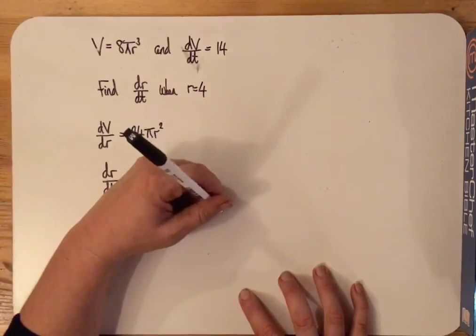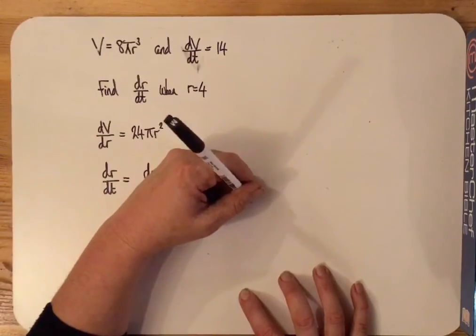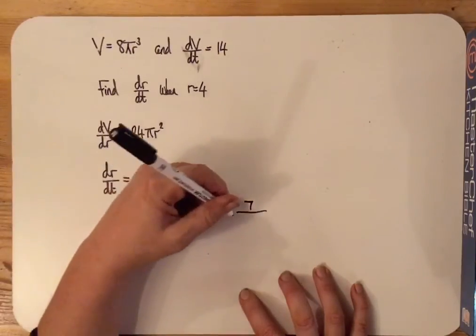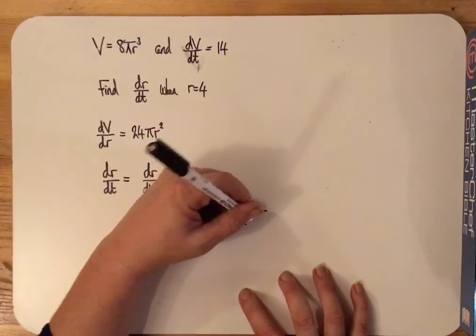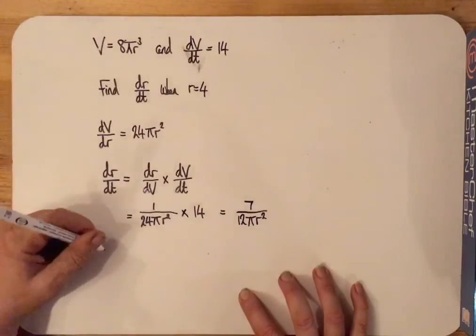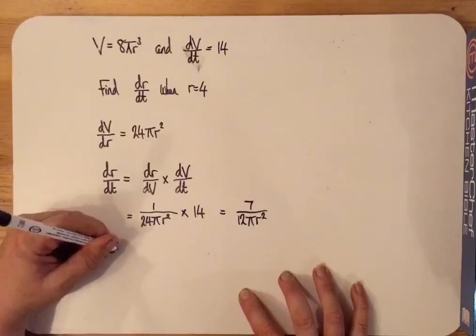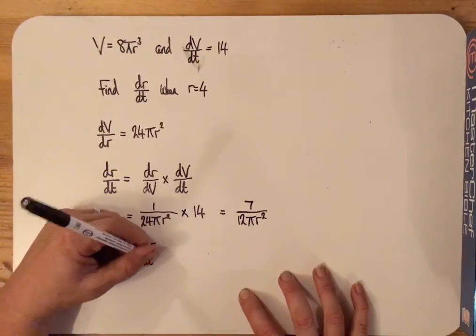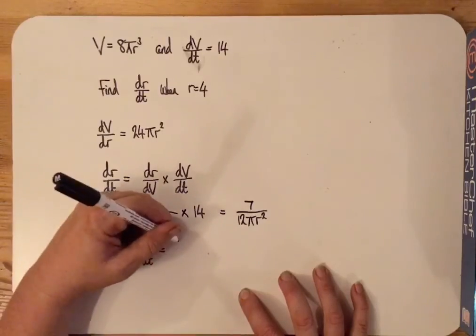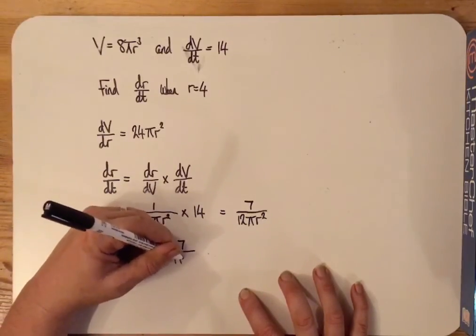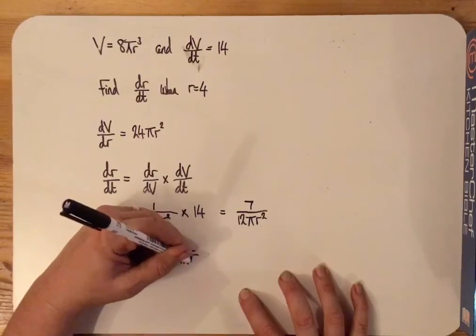That gives you 7 over 12 pi r squared. And so when r is equal to 4, dr/dt is equal to 7 over 192 pi, and just leave your answers in exact form.